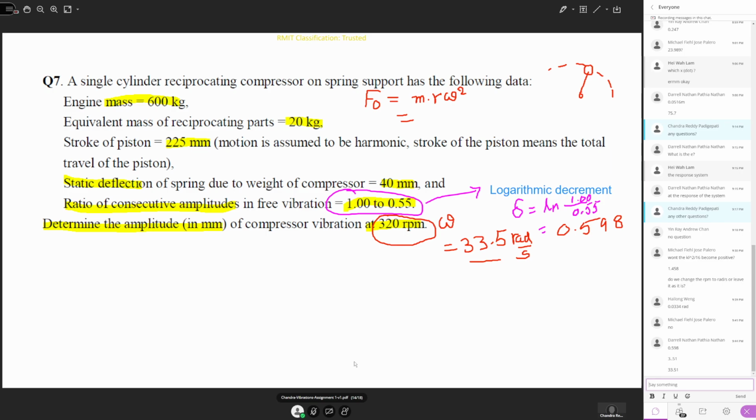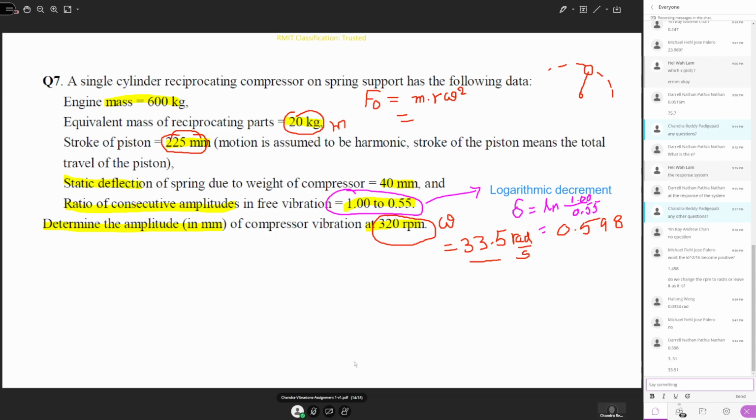Here, m is the equivalent mass of the reciprocating part, so this is your small m. What is R? R is half the stroke length of the piston.